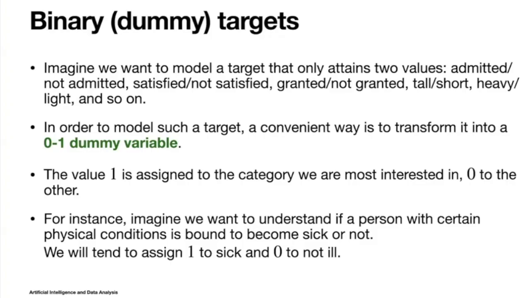So typically, we can play with whatever type of binary encoding of our categorical target, but it is somehow preferable to use 0, 1. Typically, you assign the value 1 to the category you are most interested in and 0 to the other one. So imagine, for example, that we are in the medical sector and we are studying a given illness, a given sickness, like a heart attack.